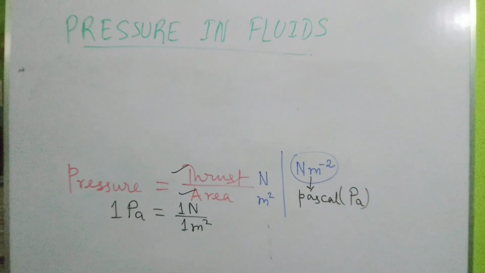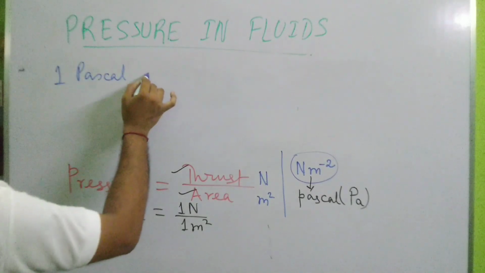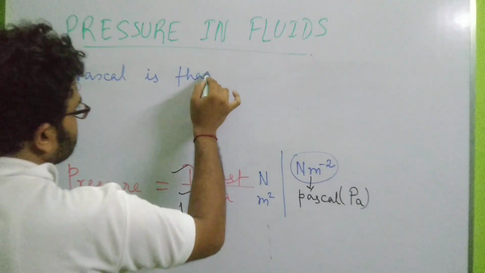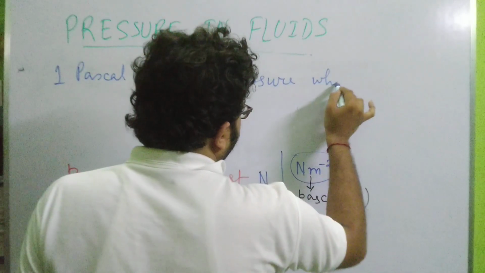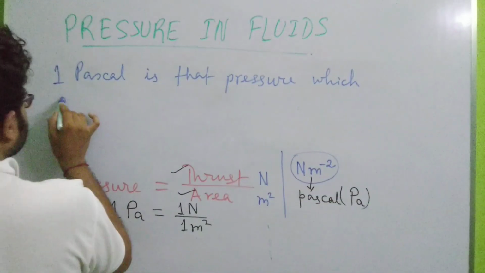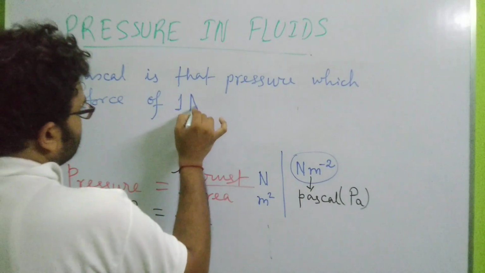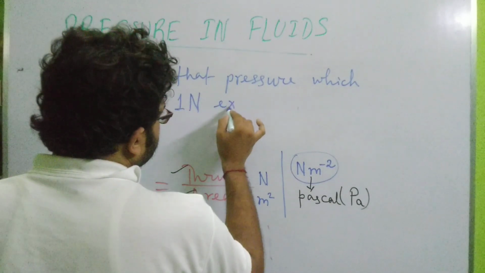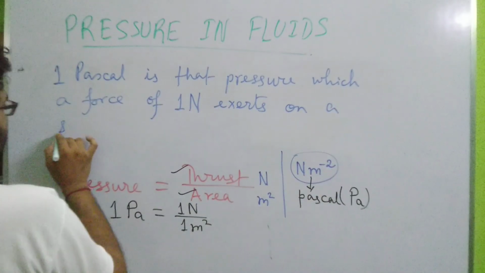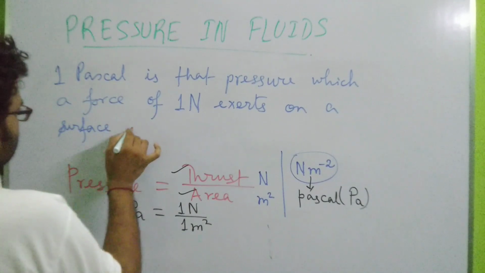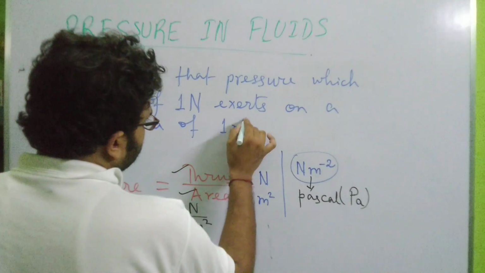So we can define Pascal like this: 1 Pascal is that pressure which a force of 1 Newton exerts on a surface area of 1 meter square.